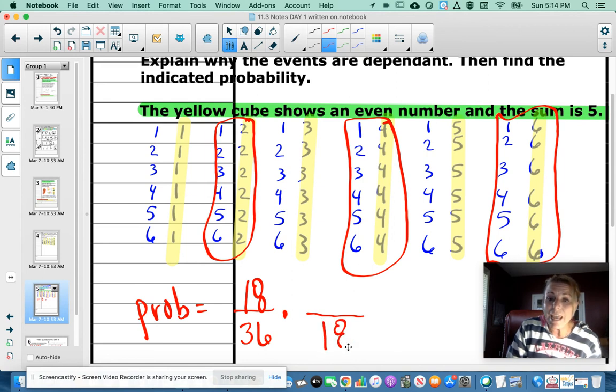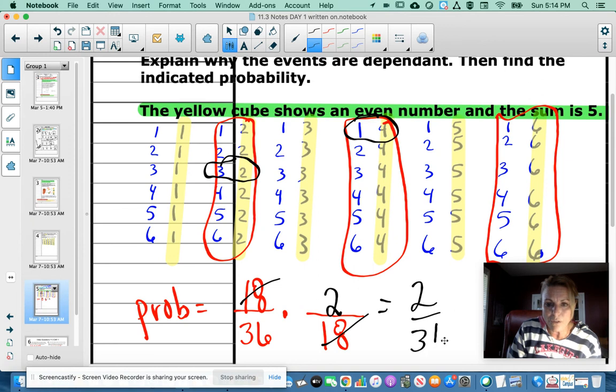Out of those 18, how many of them have a sum of 5? Well, let's look. 3 plus 2. Okay, 1 plus 4. I think only 2. As you can see, we get 2 over 36, which reduces to 1 over 18.